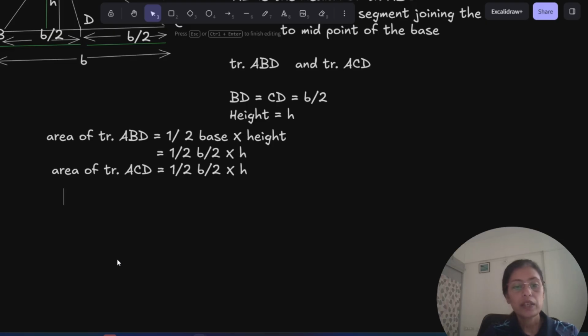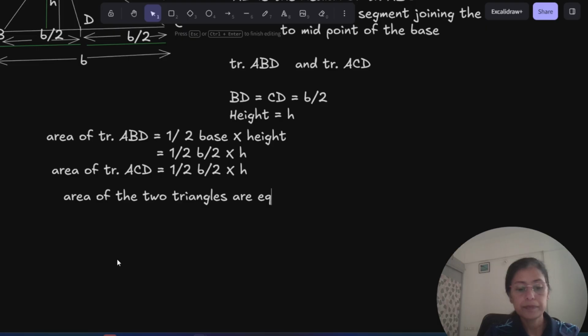So what do we see here? Area of the two triangles are equal. Right?